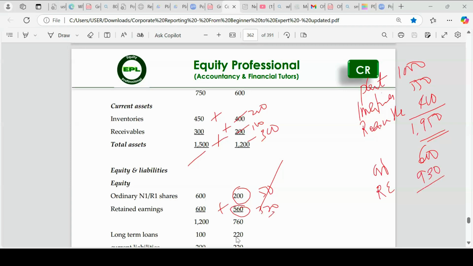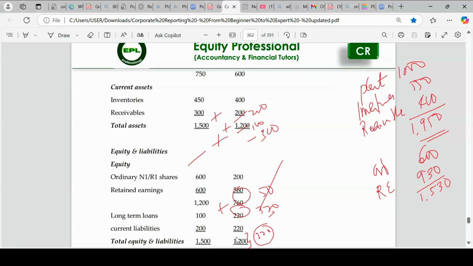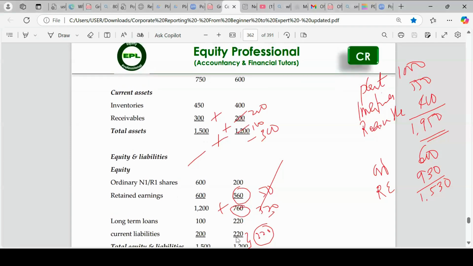All right. So this gives me 1,530. And then these other liabilities give us 220, 110 plus 110. So if I add that to the 300 I have here, or let me take it one by one.